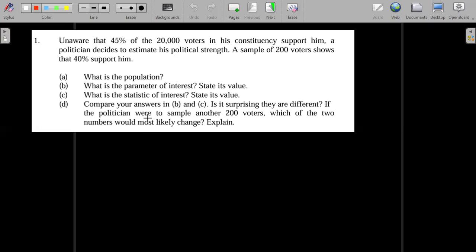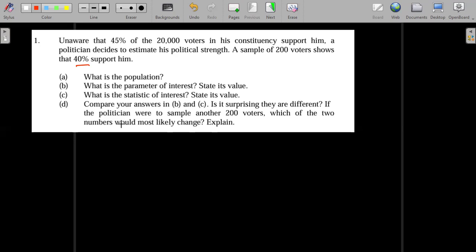All right, so the question reads: unaware that 45% of 20,000 voters in his constituency support him, a politician decides to estimate his political strength. A sample of 200 voters shows that 40% support him.